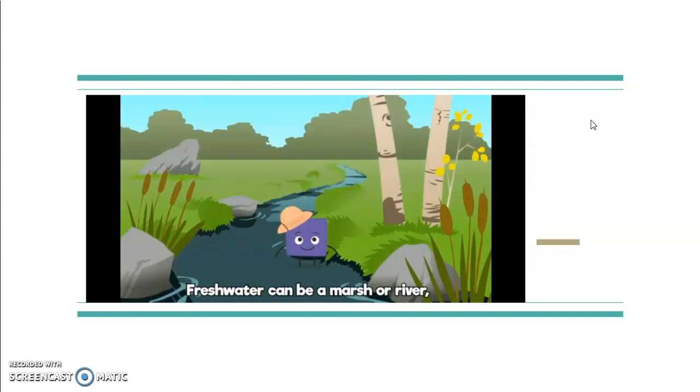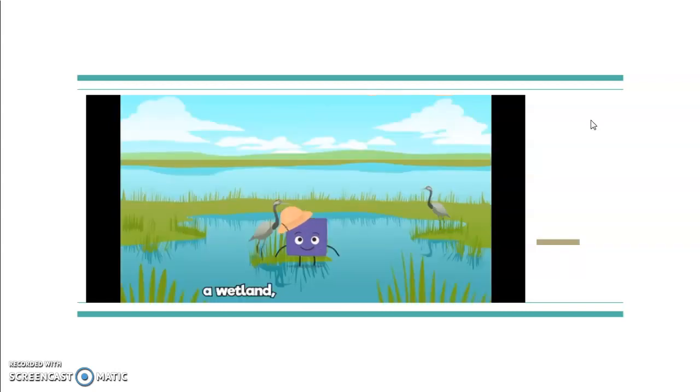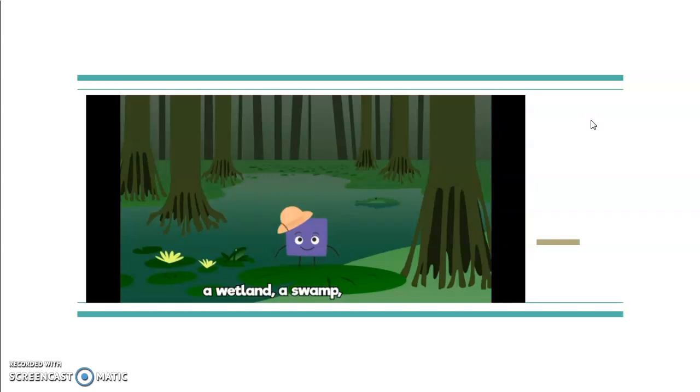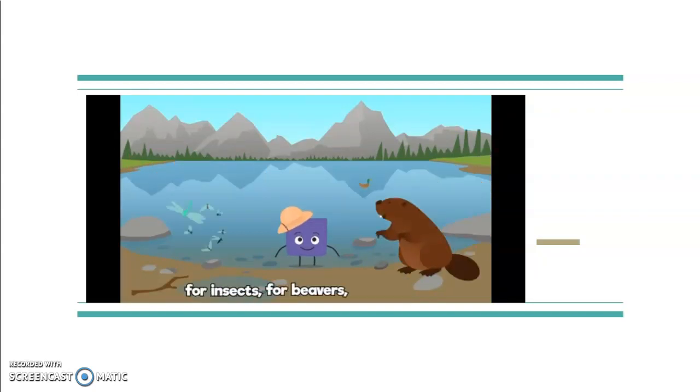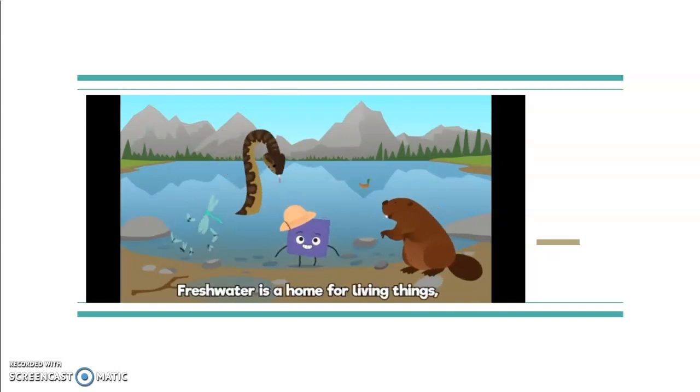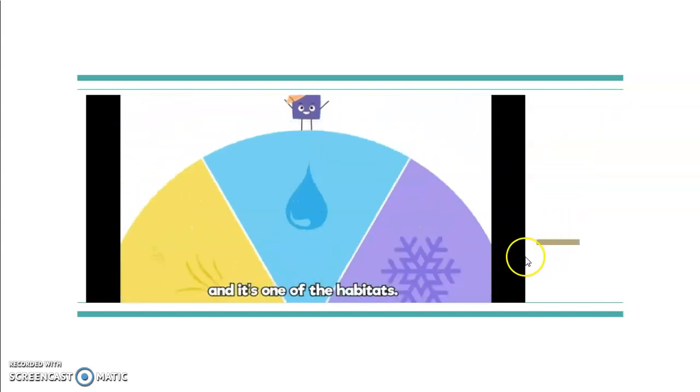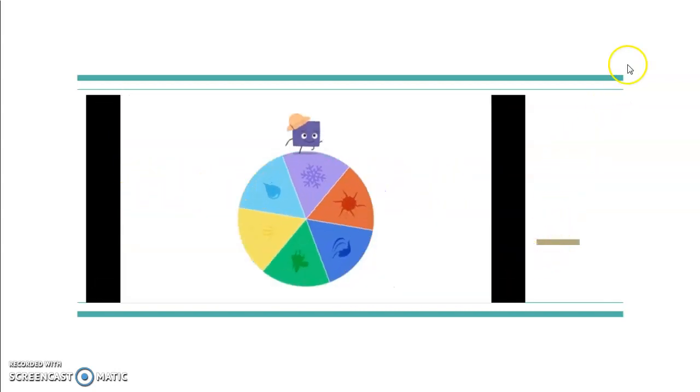Fresh water can be a marsh or river, a wetland, a swamp, or a lake. And fresh water can be ideal for insects, for beavers, and snakes. Fresh water is a home for living things, and it's one of the habitats.